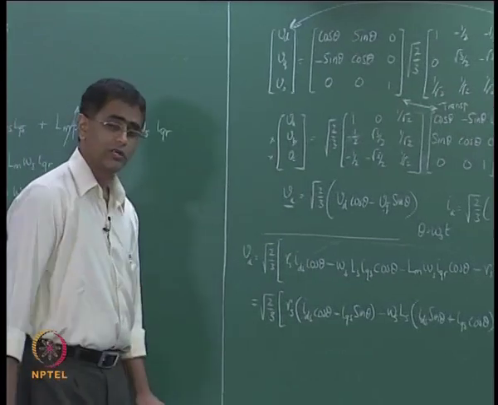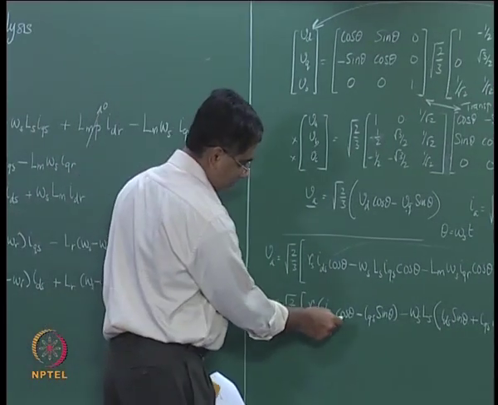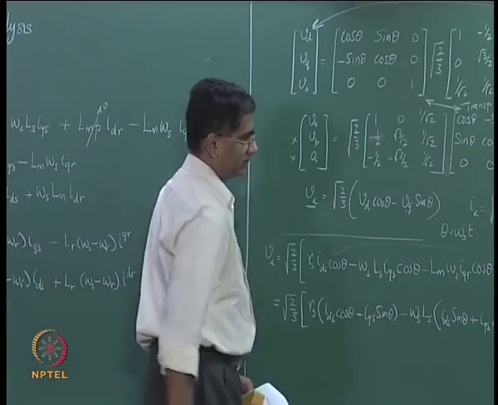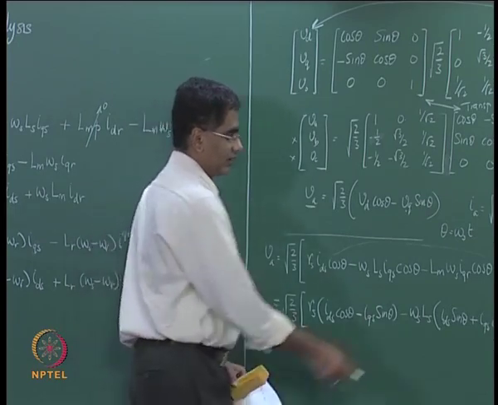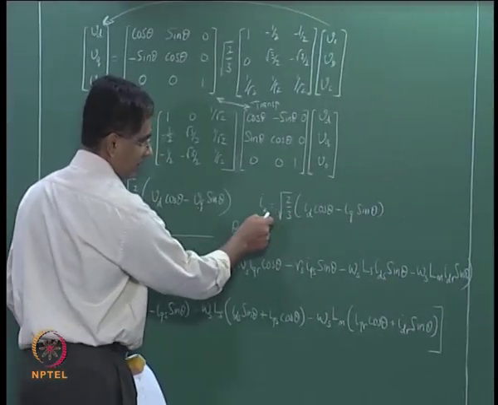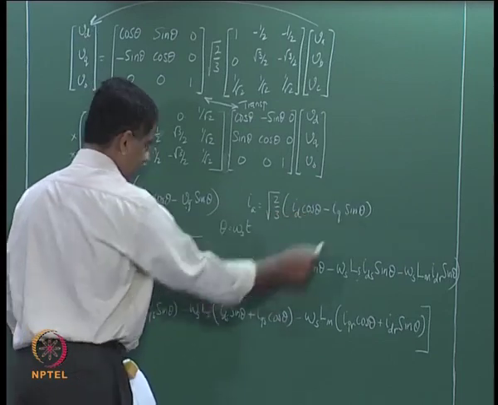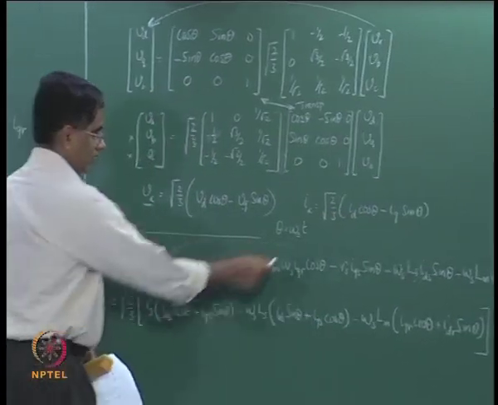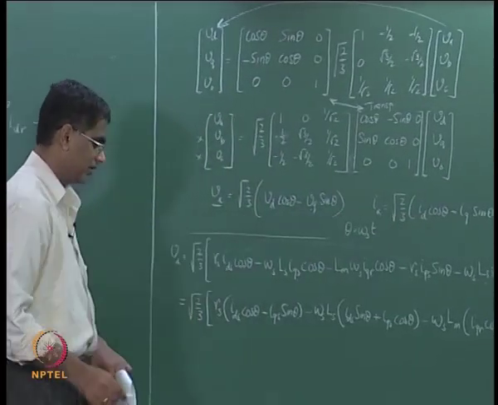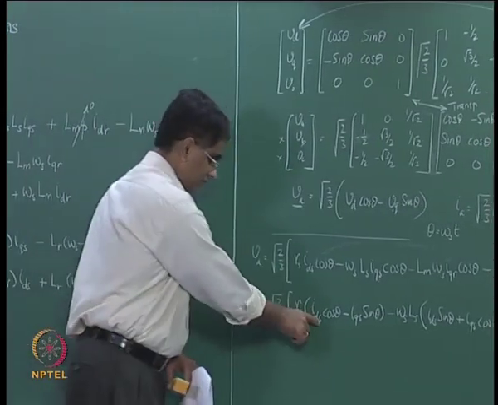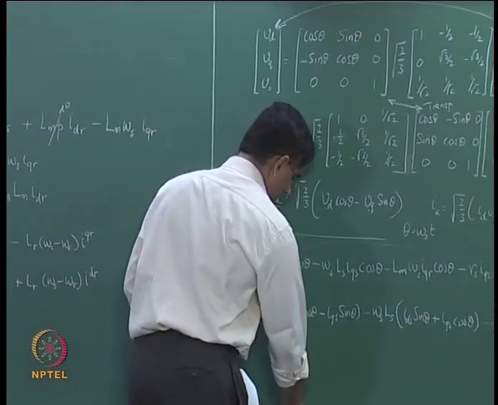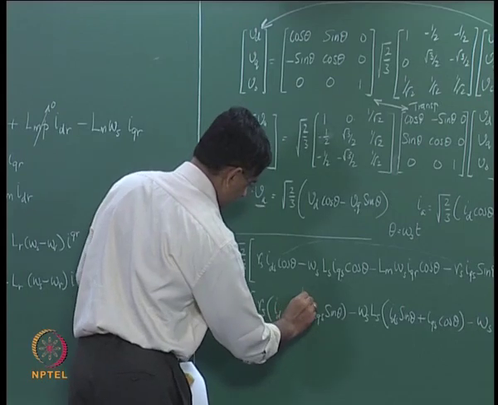Now, what you see here is Ids cos theta minus Iqs sin theta, and that is exactly what we have here. Ia is Id cos theta minus Iq sin theta, and that root 2 by 3 factor is here, and this refers to ds and qs, and therefore we can write this as Ias.